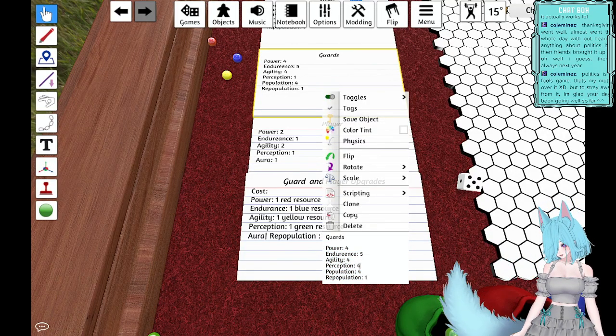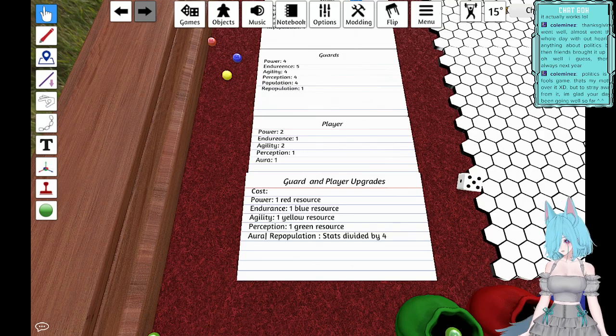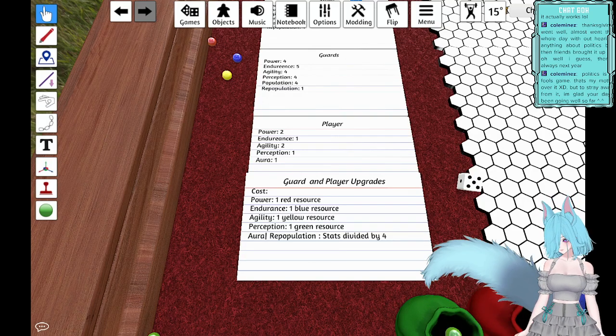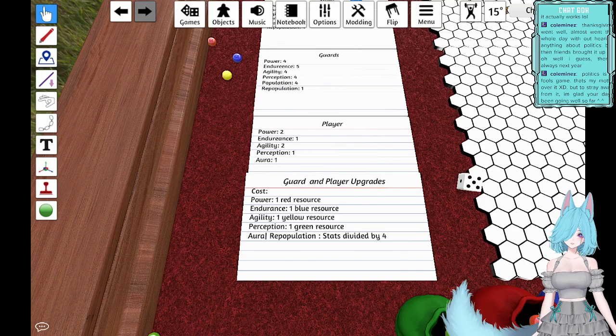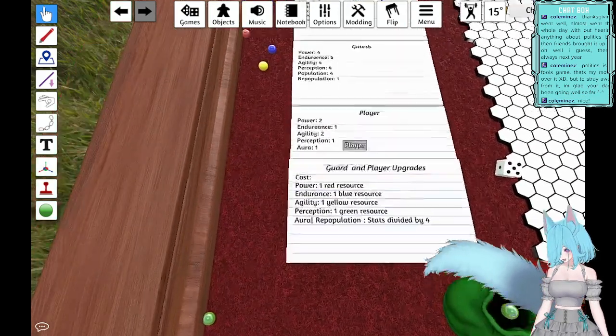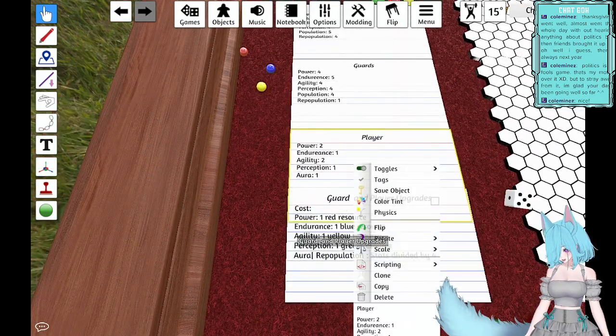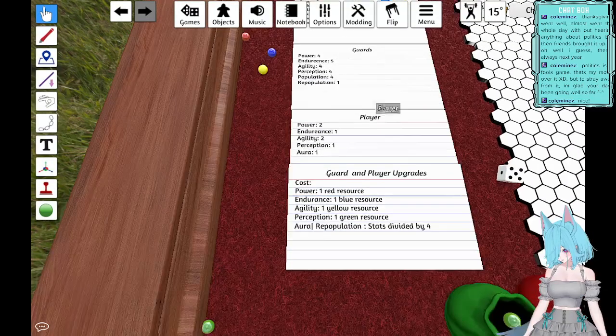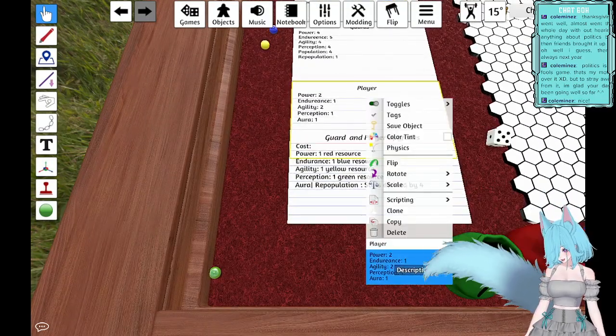For perception. So now we have very strong guards to deal with. And I'm going to give myself 1 perception because we need resources bad.